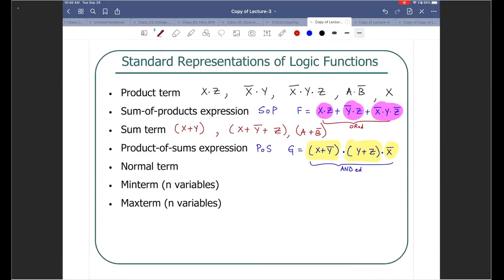So minterm is a product term in which all, and if it is n variables, all n variables are represented in true or complemented form.